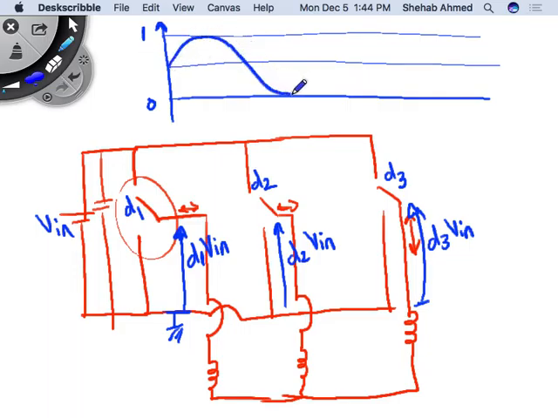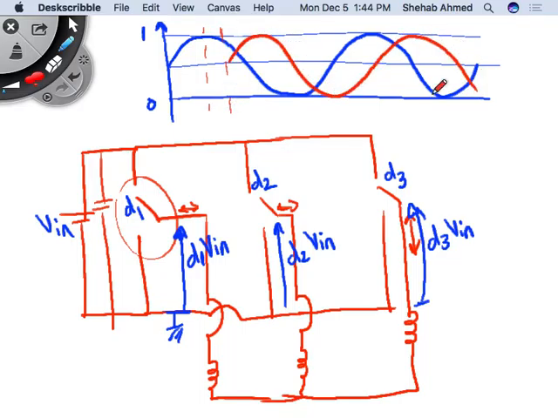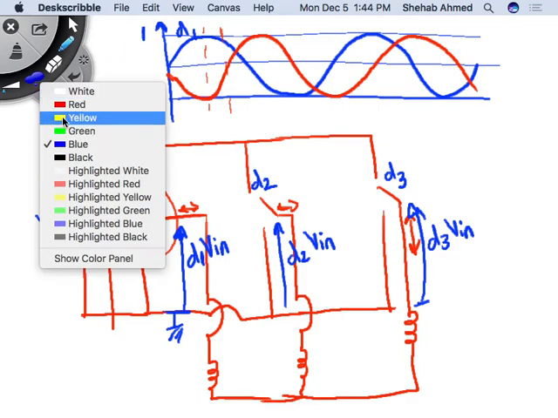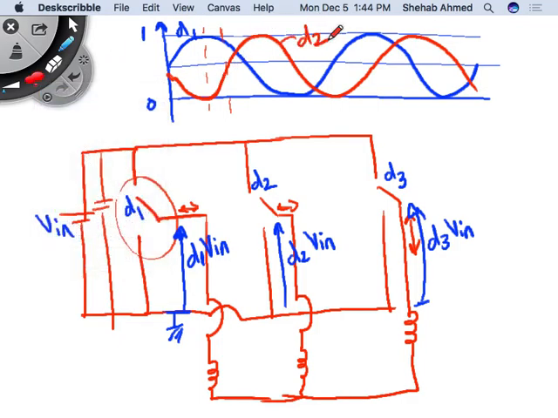If I control D1 to look like this, and then I control D2 to be 120 degrees apart and look like this, then blue is D1, red is D2.